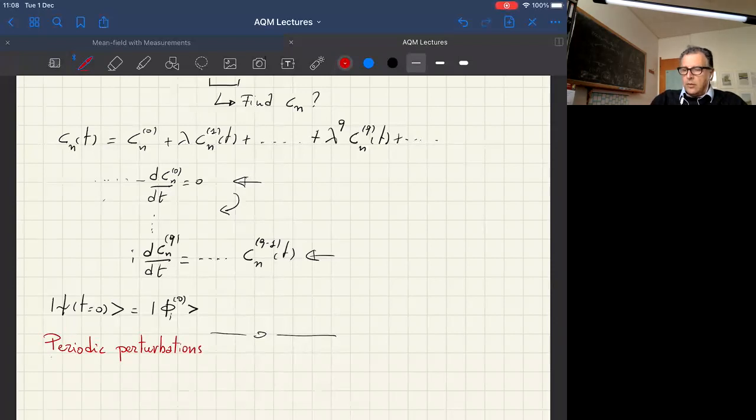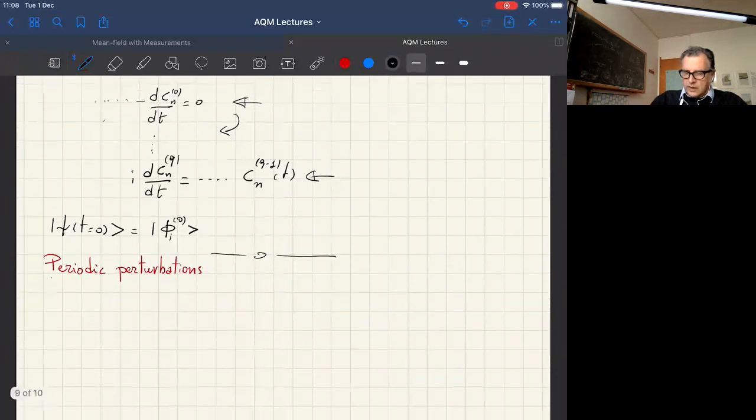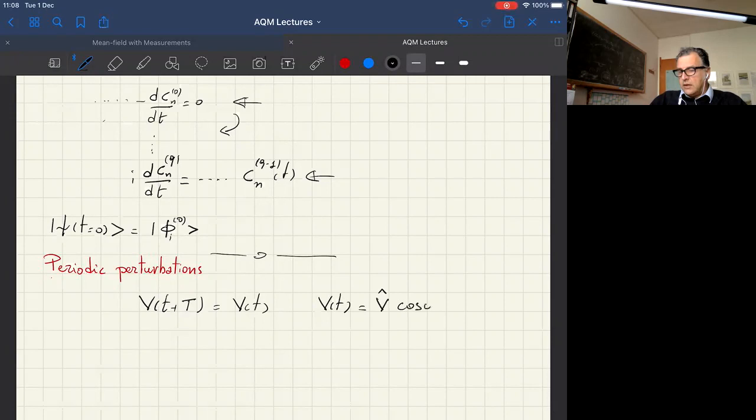So essentially what we want to do is to consider a situation where the perturbation is such that V of t plus capital T is V of t. For simplicity, we will assume that V of t is just equal to some operator V times cosine of omega t.